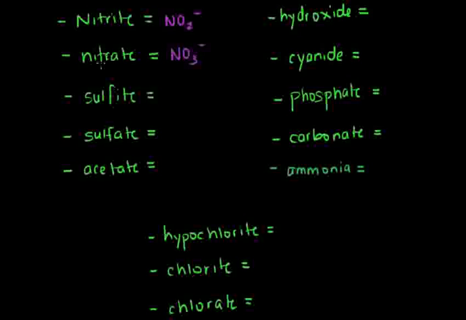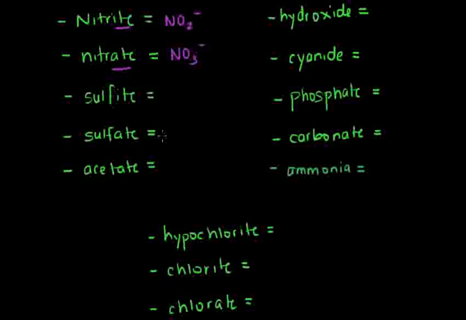Nitrite and nitrate, they look pretty similar, they sound pretty similar, with the exception of these endings, ite and ate. And I can tell you that ite is always going to have fewer oxygens than ate. So if you see the same beginning to a polyatomic ion, but different endings, and if you see the endings ite and ate, you know that ate is going to have one more oxygen than ite.